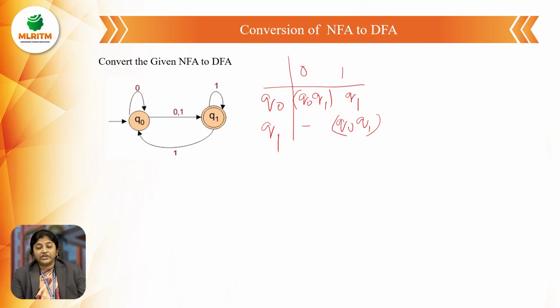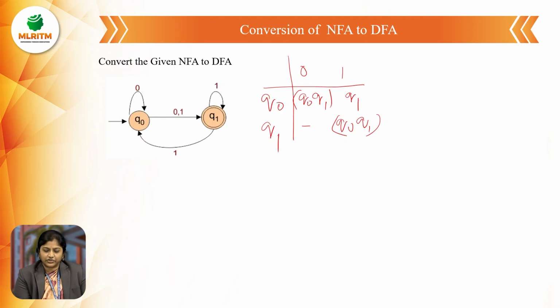Now, we need to convert this into a DFA. The transition table we have drawn is the initial step. Next step is, whatever new states we get after the transition function, we need to find the transitions for those.